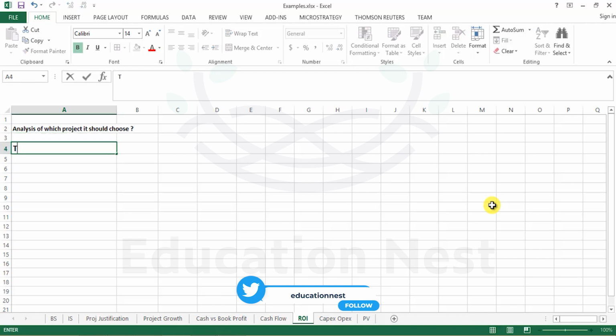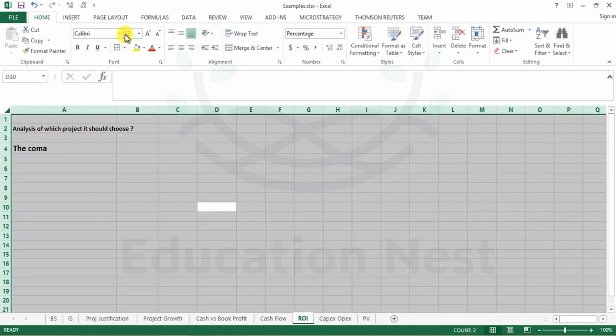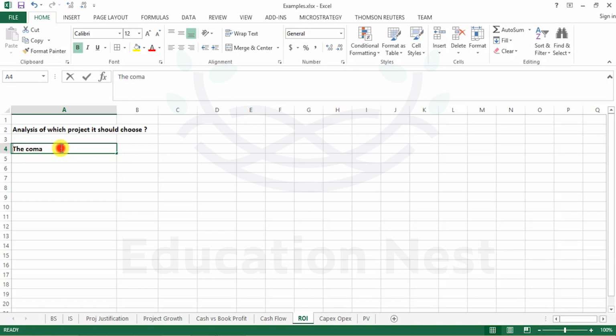Now over here, let's say the company has a budget of $1 million. So that is the resource constraint. The maximum the company can spend on the projects is $1 million. Now it can choose a combination of two projects, or drop one, or choose all three if the projects require only that maximum limit of investment. We'll see how it works out now.